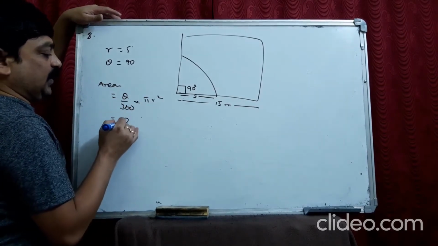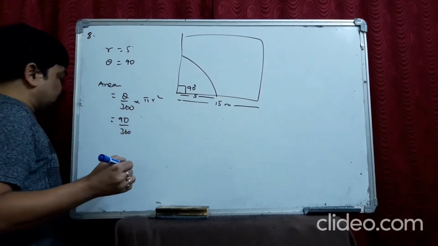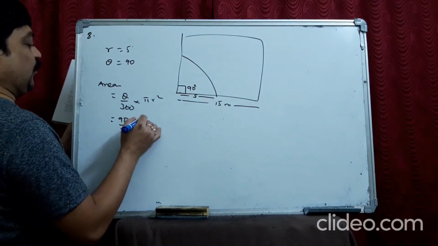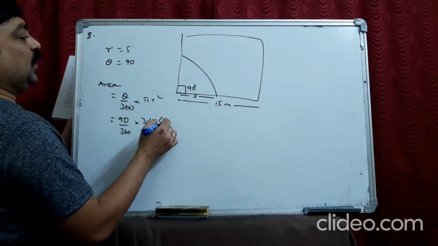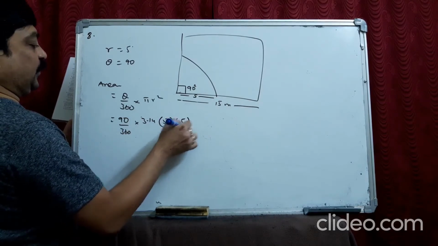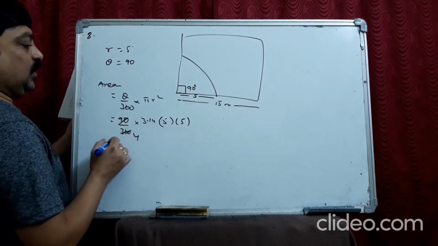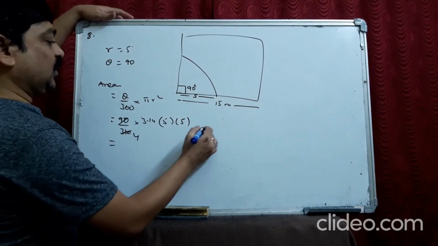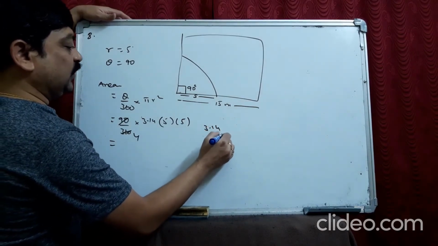So 90 by 360, pi you can take as 3.14, into 5 into 5. So it is 1 by 4, 25 into 3.14 by 4.